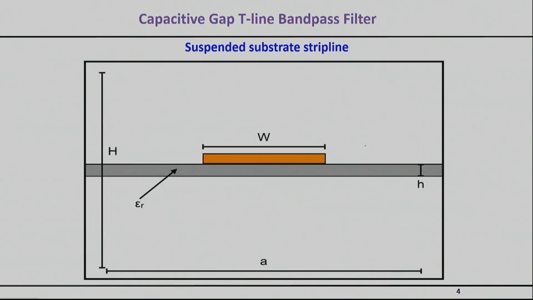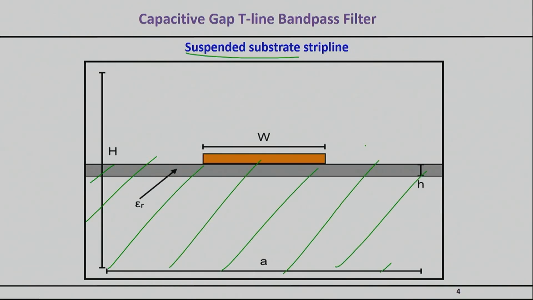I also want to make a few comments about the physical realization we're talking about here. We're going to be using microstrip line, but a slightly more advanced version of a microstrip line, which is called a suspended substrate strip line. Normally you would use the entire substrate, so you would have a piece of metal on a substrate.